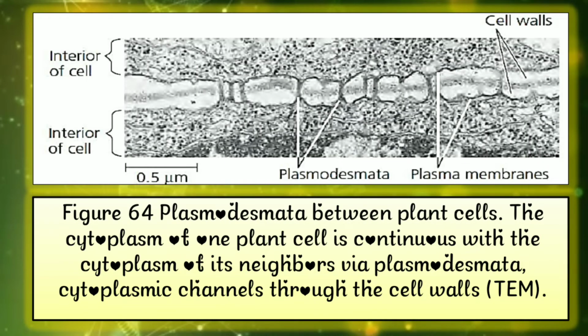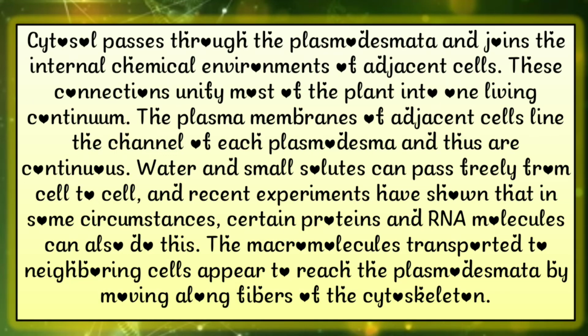In Figure 64, plasmodesmata between plant cells, the cytoplasm in one plant cell is continuous with the cytoplasm of its neighbors via plasmodesmata, cytoplasmic channels through the cell walls, seen here in a TEM. Cytosol passes through the plasmodesmata and joins the internal chemical environments of adjacent cells.